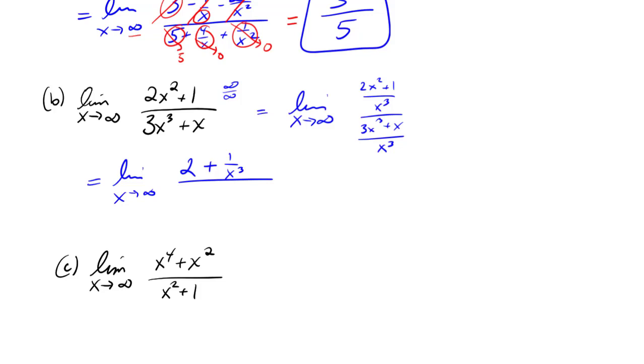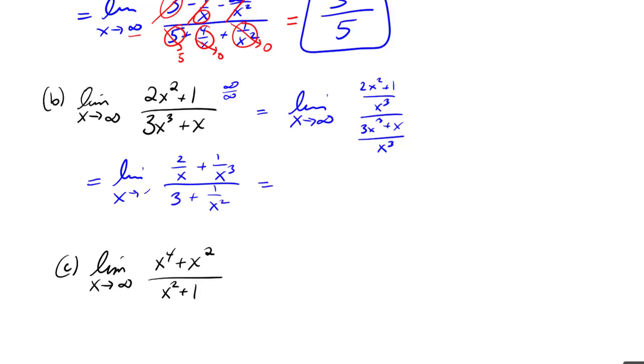On the numerator, I'm sorry, I made a mistake there. I'm going to get 2 over x plus 1 over x cubed, because in that first one, that was 2x over x cubed. So it's still leaving x in the denominator. Okay. So now in the denominator of the original whole thing, I get 3 plus 1 over x squared.